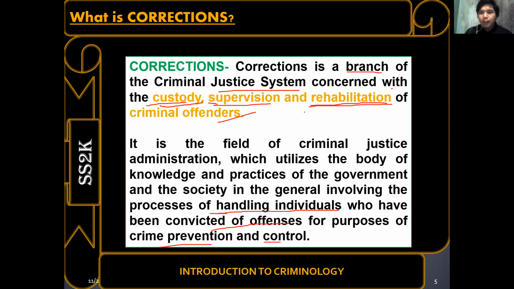Meron yung tinatawag nga natin na institutionalized treatment kung saan yung isang tao ay makukulong, at meron din po yung tinatawag na non-institutional treatment. Okay? Kapag ang penalty is less than 6 years, or 6 years below, pwede pong mag-apply ng tinatawag na probation. Yan po ang corrections.